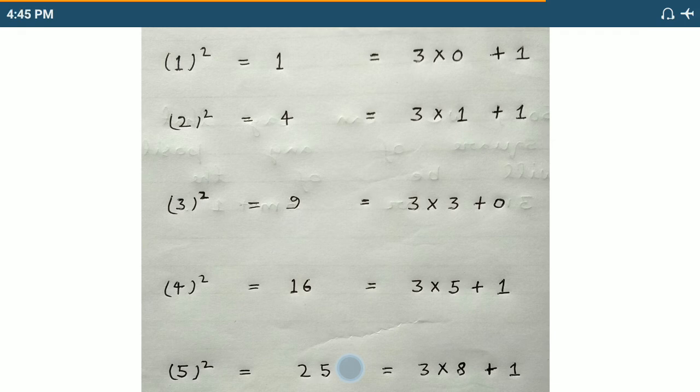This is what we have to prove, but we do not have to write the answer in this way. We have to get the answer with the help of Euclid's division lemma. Students, this question will be solved with the help of Euclid's division lemma. Let's start.